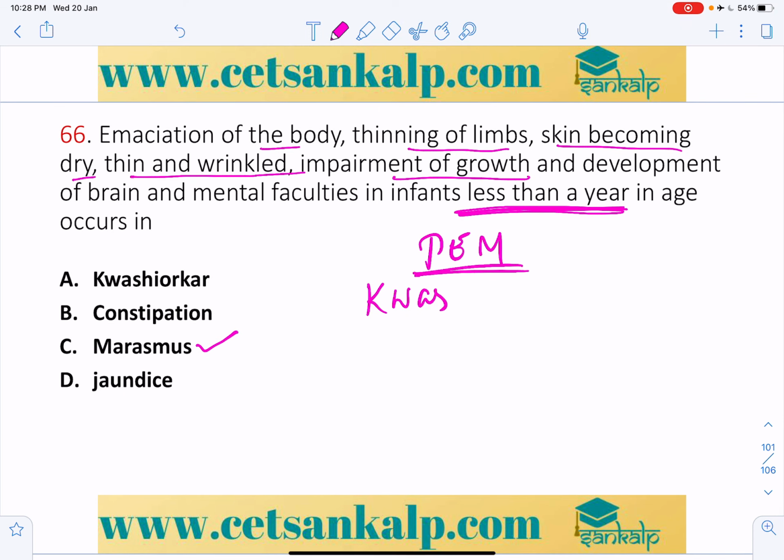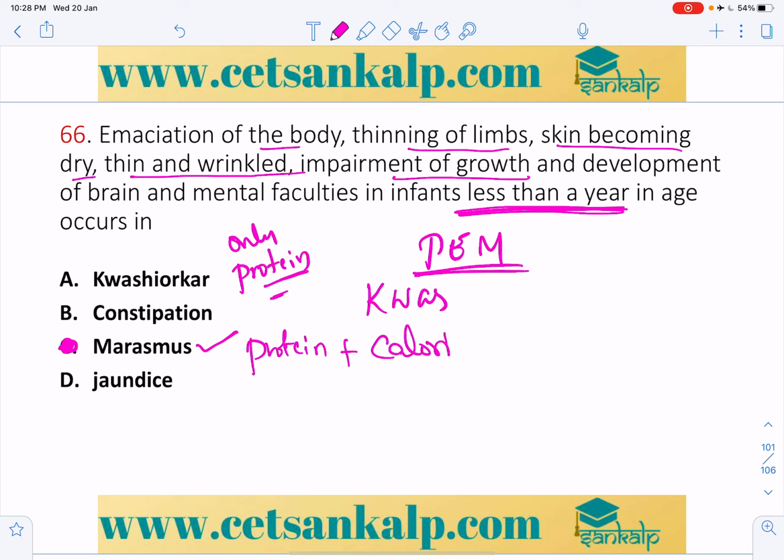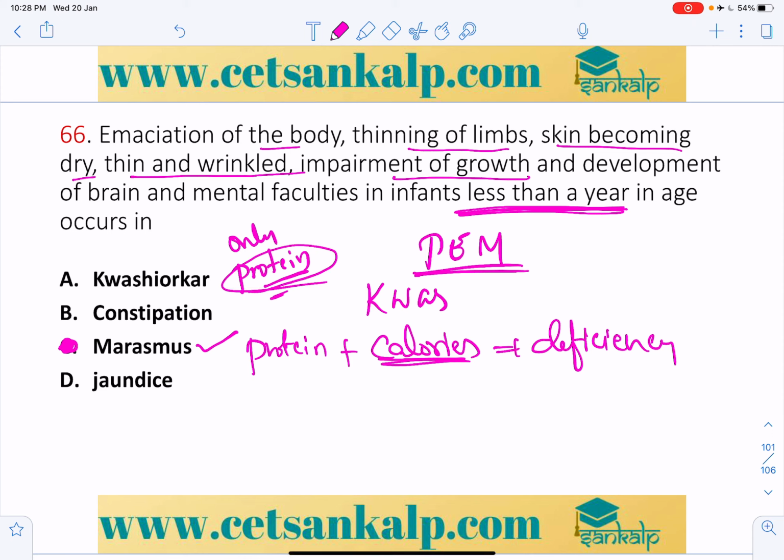It is only protein deficiency in case of kwashiorkor. The body won't completely become thin, but in case of marasmus it becomes completely thin. Here both protein and calorie deficiency will be there. So that is why in case of marasmus we can see this condition, that too in less than a year, while kwashiorkor appears after 1 to 1.5 years.